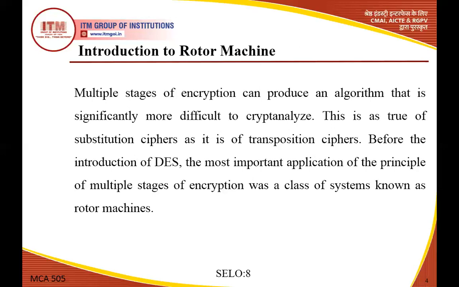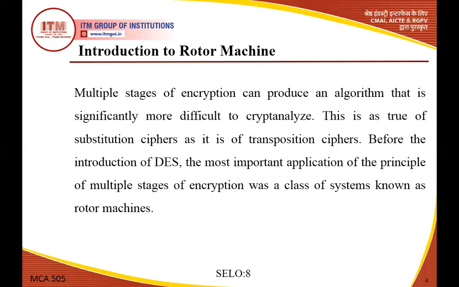A rotor machine is a machine based on the rotor principle, and this machine was used in Germany and also in Japan, and the codes were broken by the Allies in the Second World War.